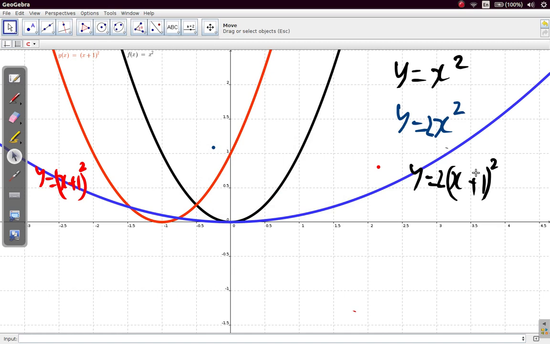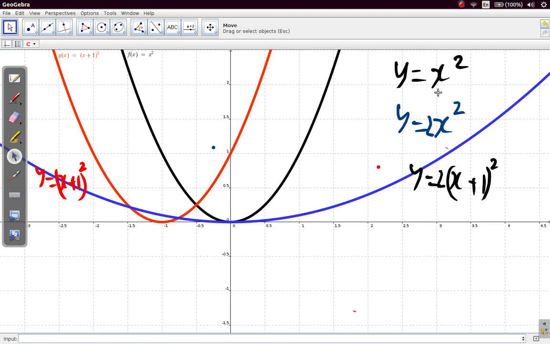so the coefficient of x squared makes the graph steeper or flatter depending on the value of it. All right, now these are some of the ways of modifying the graph.